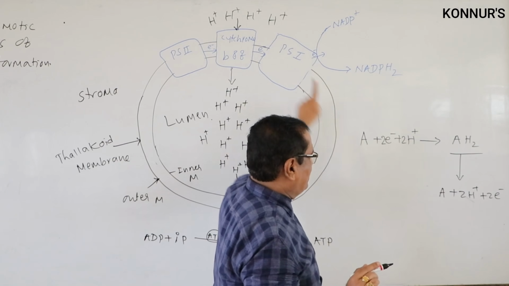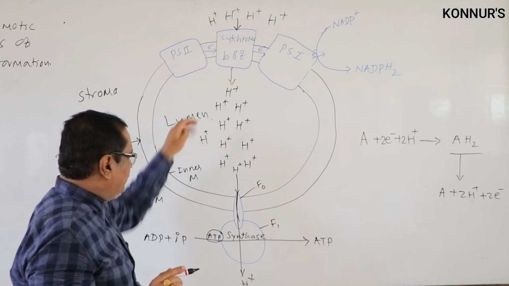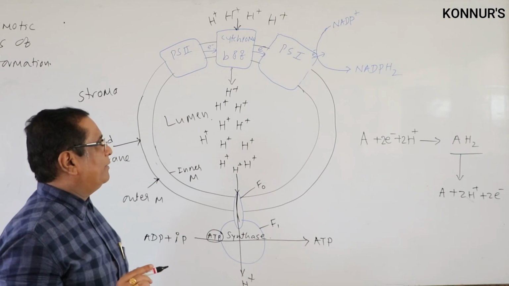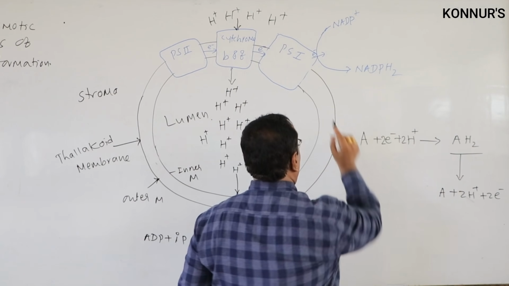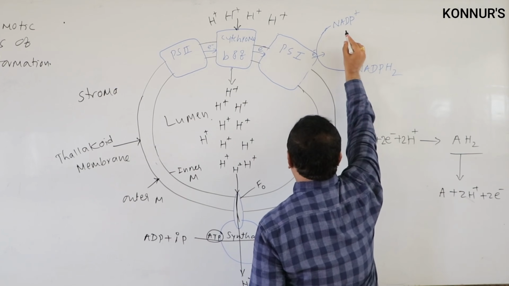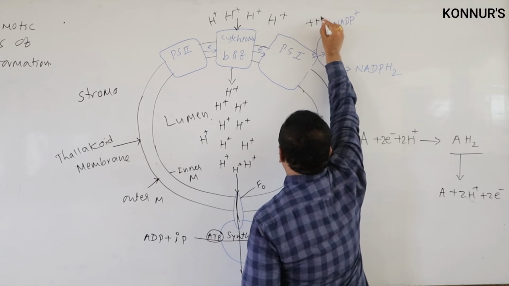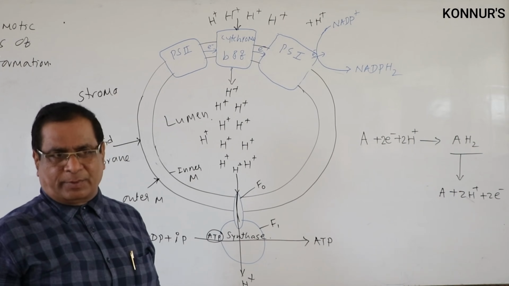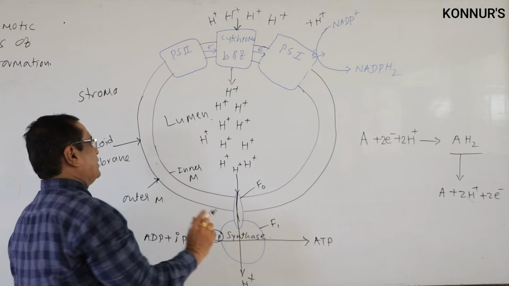photosystem first, and protons are pumped into the lumen as well. Protons will come to the lumen, and the electrons received by photosystem first are used to reduce NADP into NADPH2. This you could see in that non-cyclic photophosphorylation, where NADPH2 is formed continuously.